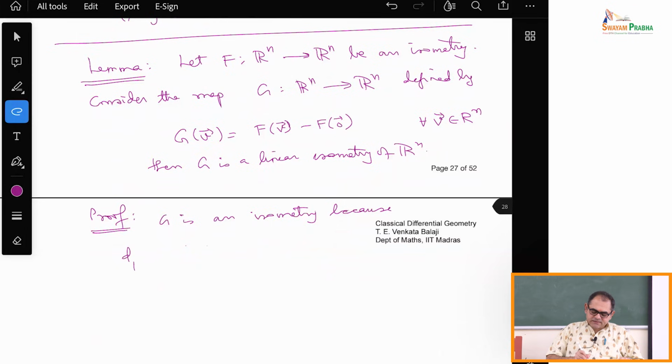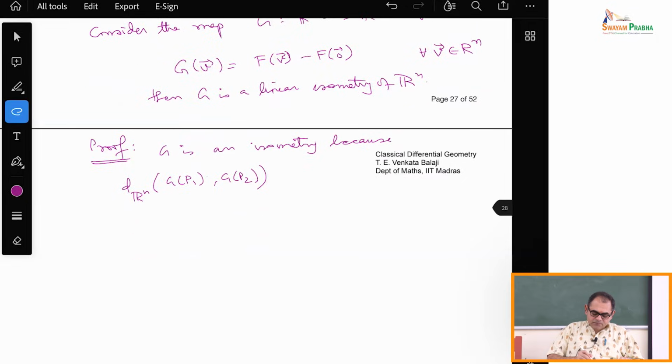You have to show that the distance between G(P1) and G(P2) is the same as the distance between P1 and P2. But the distance between G(P1) and G(P2), so I want you to understand that, so how do I say this? What do I want to say? There is something here I wanted to show.